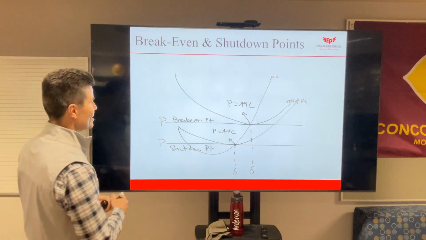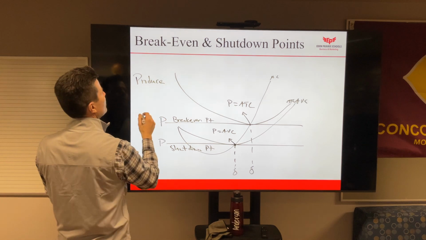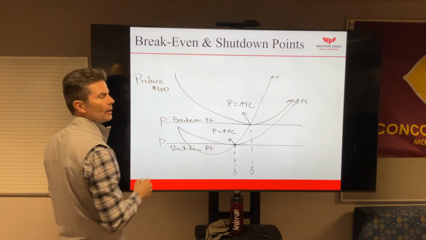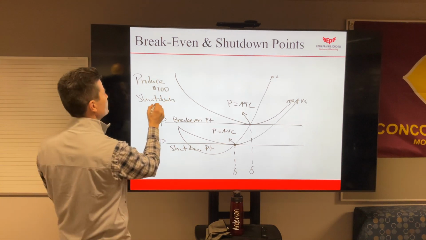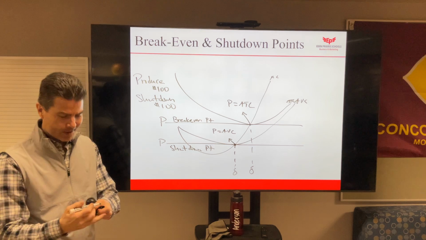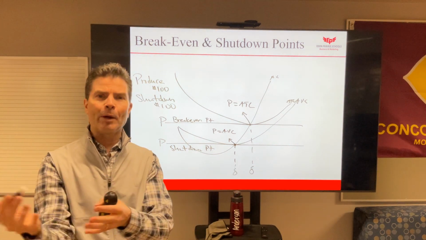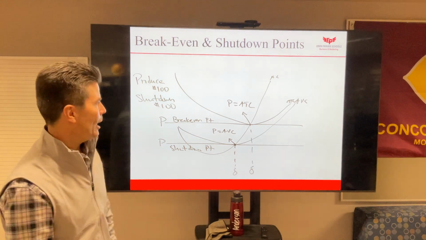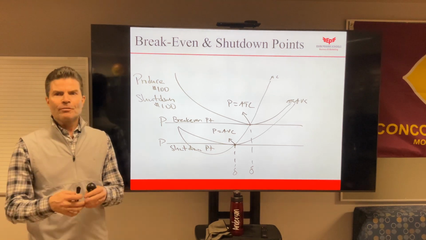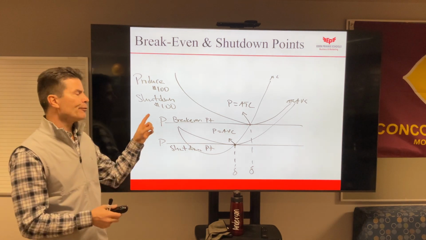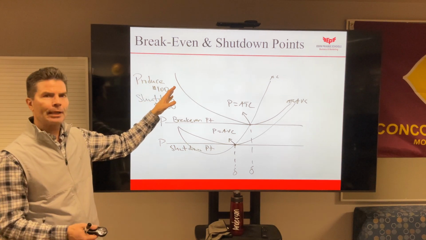And your decision is this: if I produce, I am going to lose $100. If I shut down, I lose $100. Here's the dilemma. Should I produce or should I shut down? Because losing $100 either way is the same exact thing. Here's the determinant to help you figure out what you should do in this case: you've got to figure out what kind of business you are. Can your business afford to produce and lose $100?